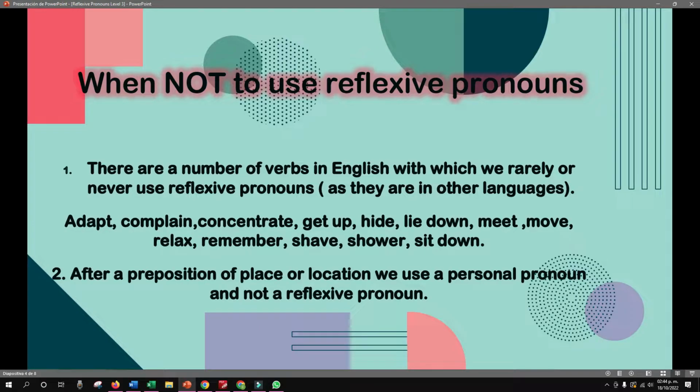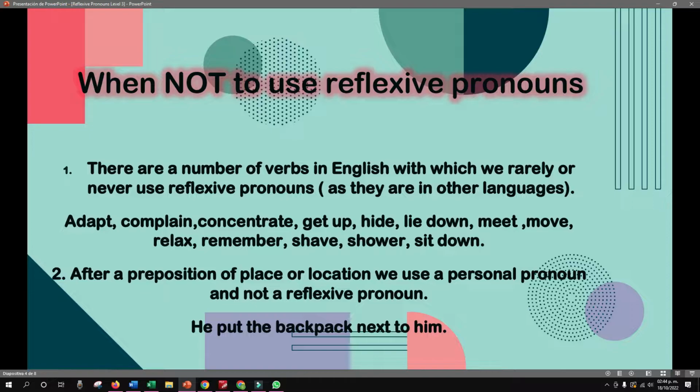So, after a preposition of place or location, we use a personal pronoun and not a reflexive pronoun, right? So, si tenemos una preposición de lugar, ¿verdad? No vamos a utilizar un pronombre reflexivo, sino un pronombre personal. For example, he put the backpack next to him.